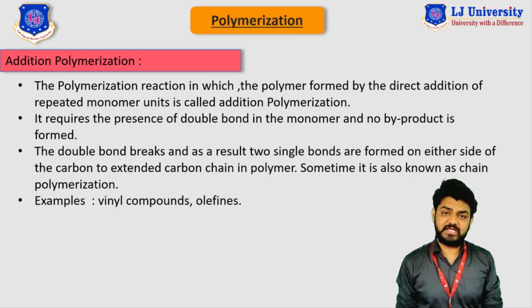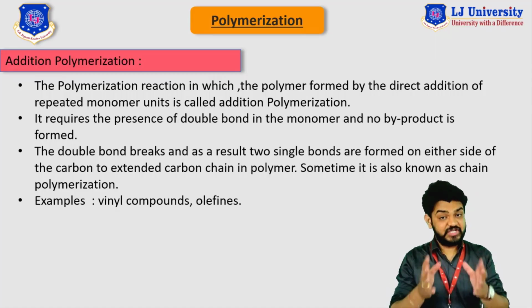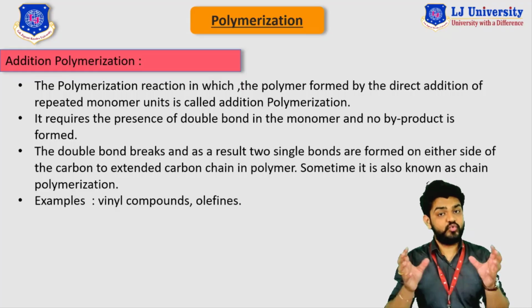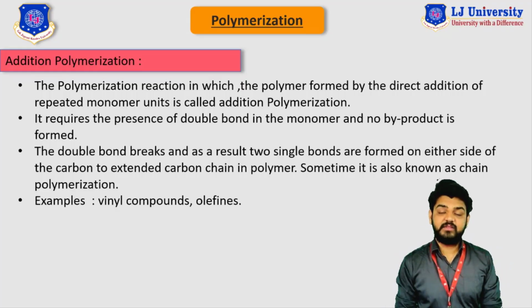We have also seen that in the addition polymerization process, no byproduct is formed. The double bond breaks apart and this bond is shared with two carbon atoms. Now these two carbon atoms are ready to make a chain in order to produce the polymer.